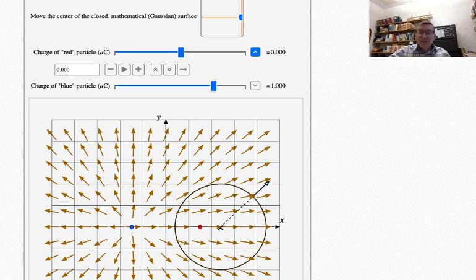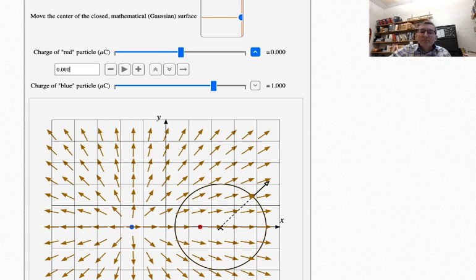So the Q enclosed is 0. Yes, there is a charged particle around, but it's not inside the Gaussian surface. And yes, that charged particle creates electric field everywhere. But for the Gaussian surface, we have that electric field does just as much piercing inward as piercing outward. As measured by flux, the net flux is 0.